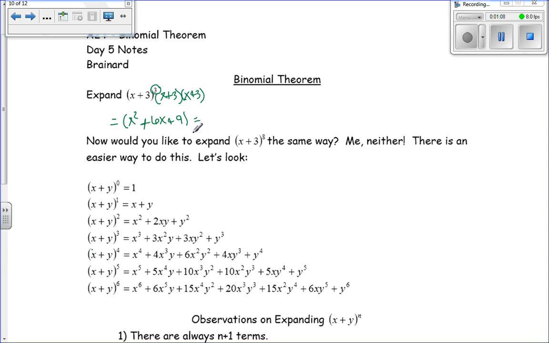Now I need to multiply that by x plus 3 again.